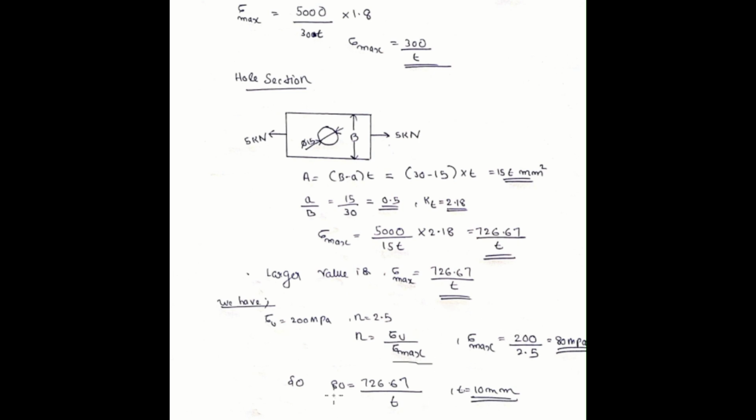Substituting, we have the equation with the LHS the same. Substituting that equation, I got the value of thickness as 10 mm. I already know the maximum stress from the factor of safety is 80 megapascal, and to find the thickness value I equate it to the expression I obtained from the steps. So this is a way to solve this type of problem.